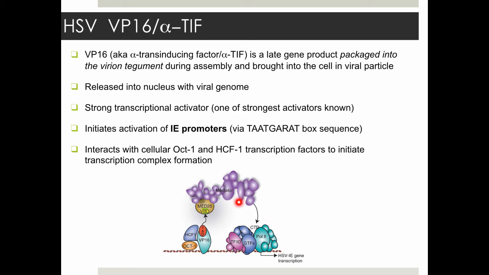But this association between VP16 and the mediator is so strong that it basically steals all of the RNA polymerase II from any other gene and pops it onto those virus immediate early genes.